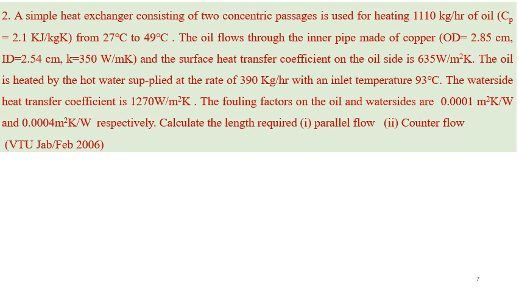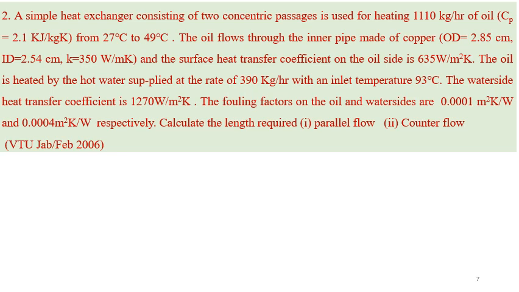So please note that here the procedure is same. We have to consider all the parameters that they have given. Here they gave the thermal conductivity of the pipe and the dimensions of the inner tubes, that means the inner tube resistance also you have to consider while calculating the overall heat transfer coefficient.